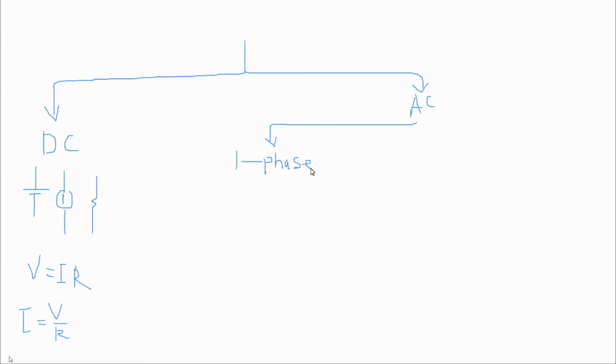Single phase means we have an AC source, the voltage source, sometimes a current source, and sometimes you have an impedance, Z, and Ohm's law is V over Z. The current I is V over Z. Now we're gonna deal with something else.